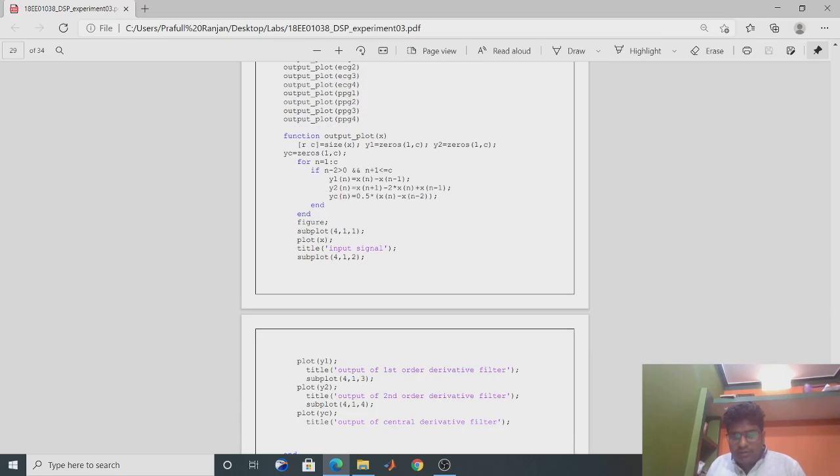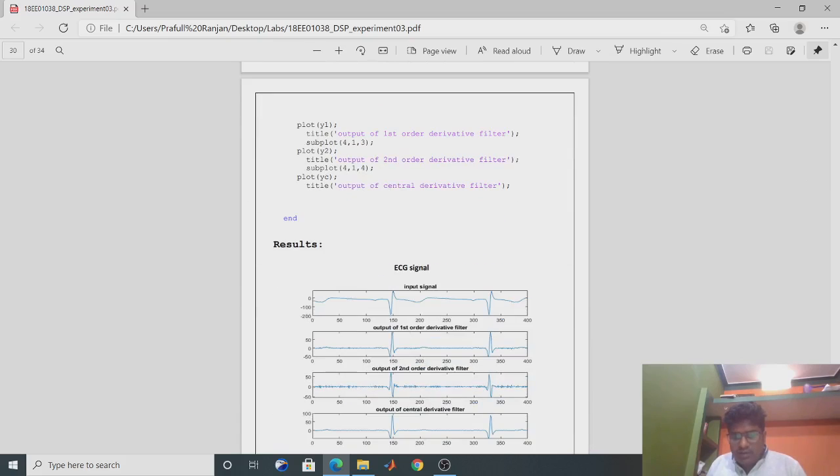And in plot I have defined the y value as its difference equation, and I am subplotting these values.